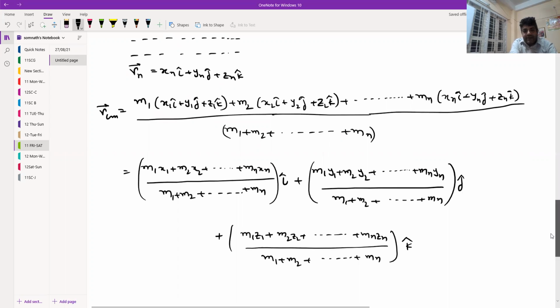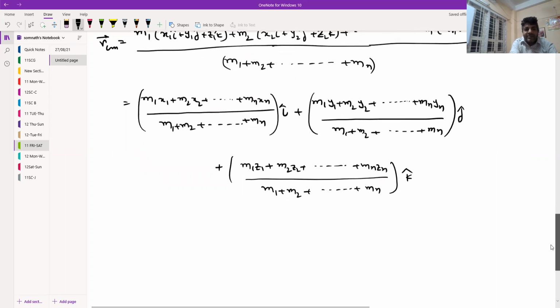So if we can write it in that way, we can now segregate the x-axis, the y-axis and the z-axis. And what do you mean by R? R is a position. So for any position, you must have an x-axis coordinate, or x position, a y-axis position, and a z-axis position.